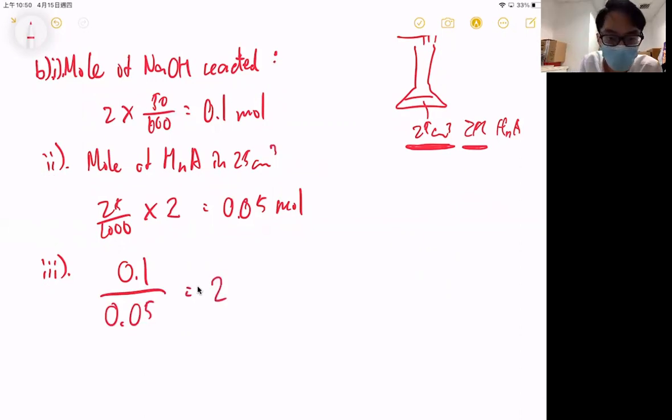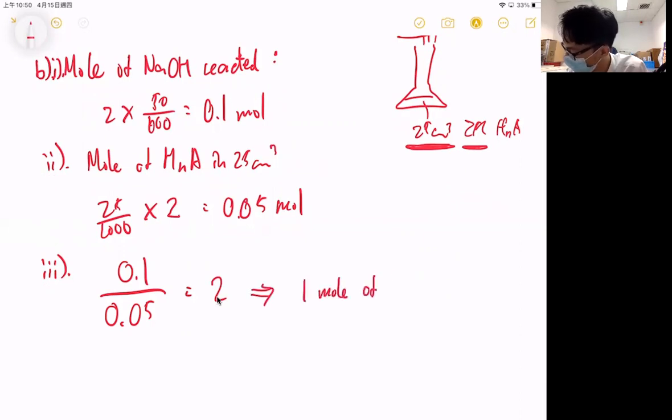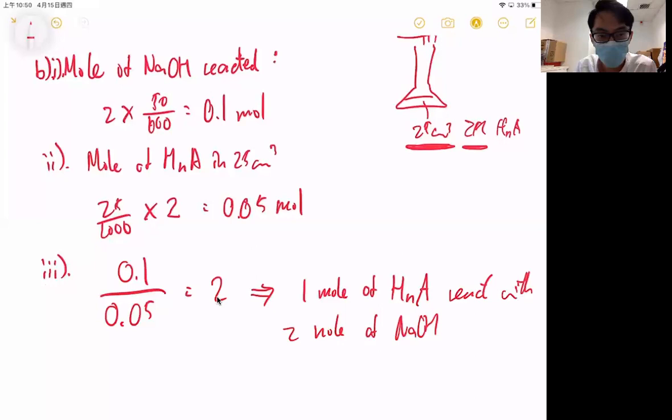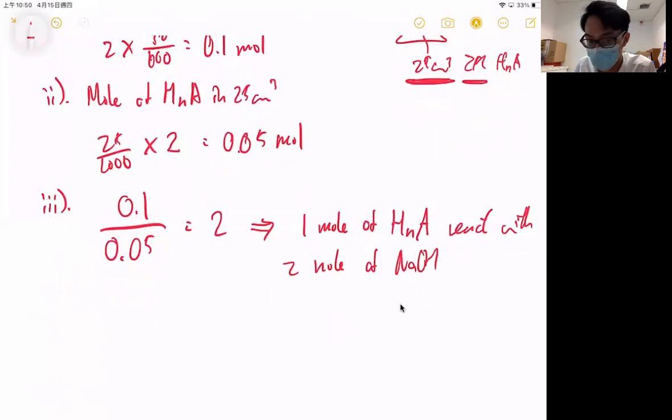What does it mean by 2? It means that 1 mole of HnA will react with 2 moles of sodium hydroxide. So it means that the n here will be 2. So the acid HnA will actually equal H2A.